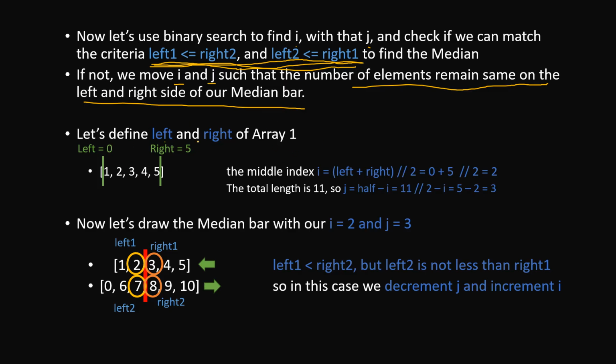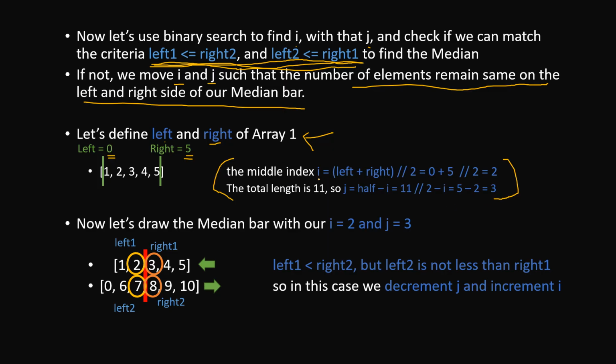Let's define left and right. This is for the binary search part. I took left as 0 and right as the total length of the smallest size array. If you know binary search, you know what calculation is going on here.